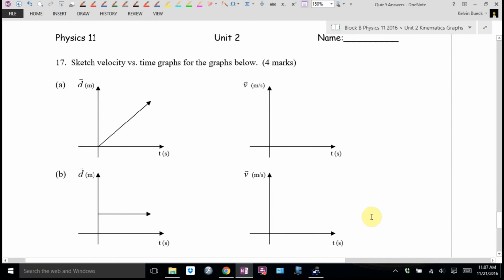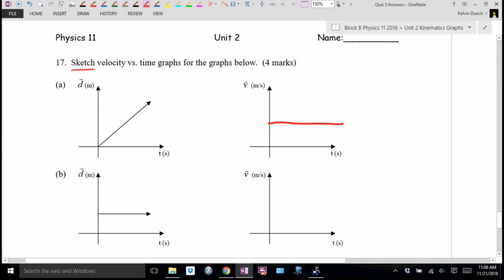I like number 17. Number 17 is a nice question. I didn't say graph, I said sketch, so I'm not going to worry about putting a title, scale, and all that. I just want the shape. Forward or backward? Forward. Constant speed, speeding up or slowing down. I'm looking for a horizontal line above the x-axis. I don't care how high you put it.